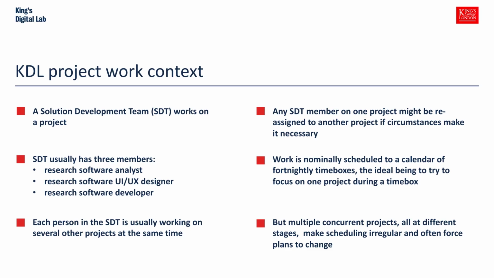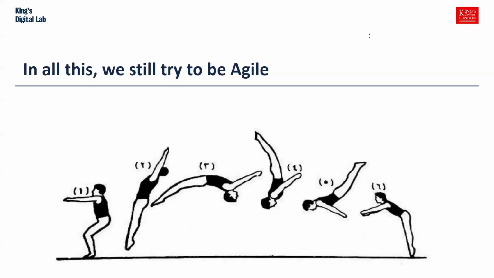But because we're working on multiple concurrent projects, and because you have project partners who can only meet at certain times, and there are certain events that need to be worked to and deadlines that need to be met, it's actually very difficult to achieve that focus within one time box on one project. Nevertheless, we do still try to be agile. The agile methodology that we follow in the lab is the agile DSDM method, if any of you know.